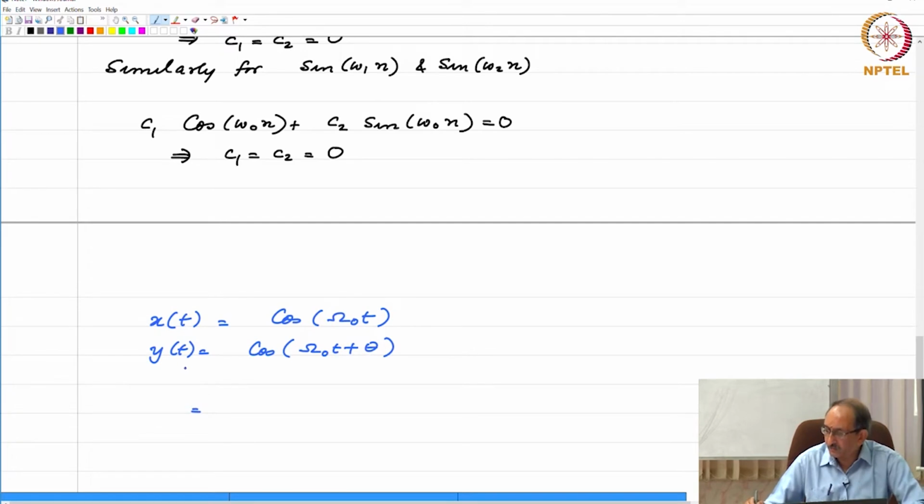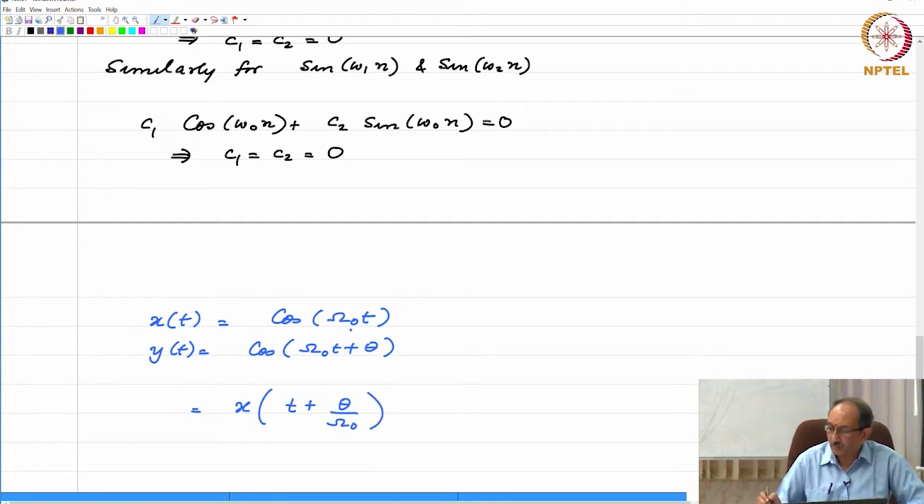If you want to express y of t in terms of x of t, what would be the relationship? This is nothing but x of t plus theta by omega naught, right?